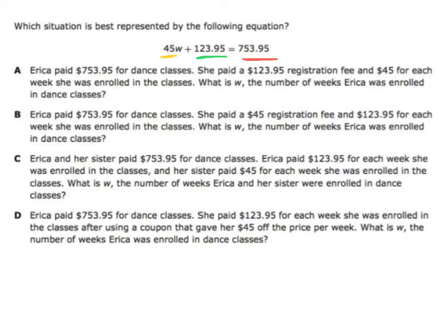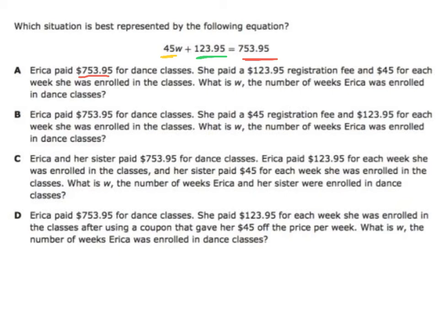Erica paid $753.95 for dance classes. She paid $123.95 in a registration fee and $45 each week she was enrolled in the classes. What is W, the number of weeks Erica was enrolled in dance classes? So our total works.